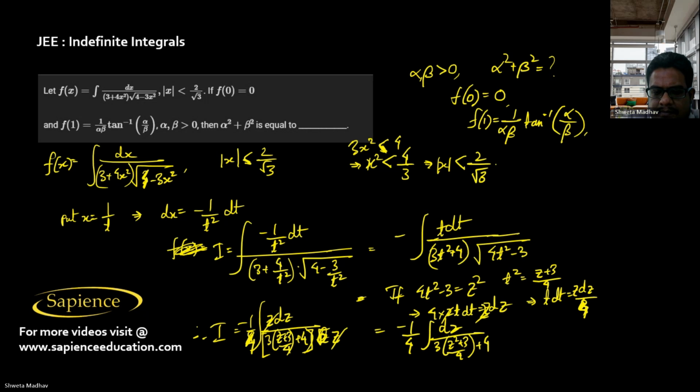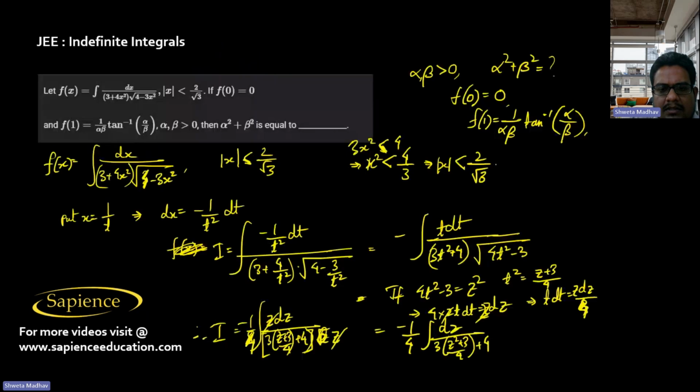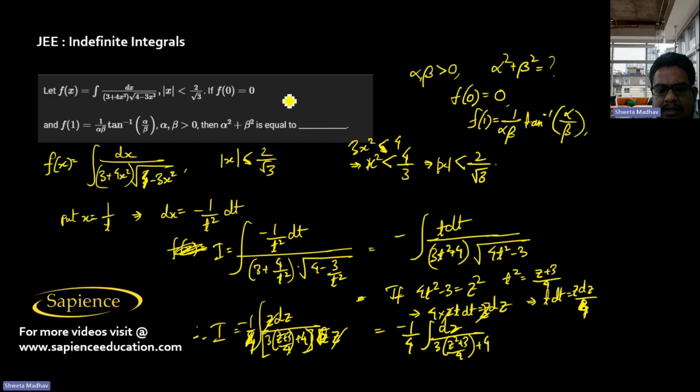Now therefore the integral I can be written as integral dz by, minus is there outside, so this will be 3 into z square plus 3 plus 4 into 4, this is 16.